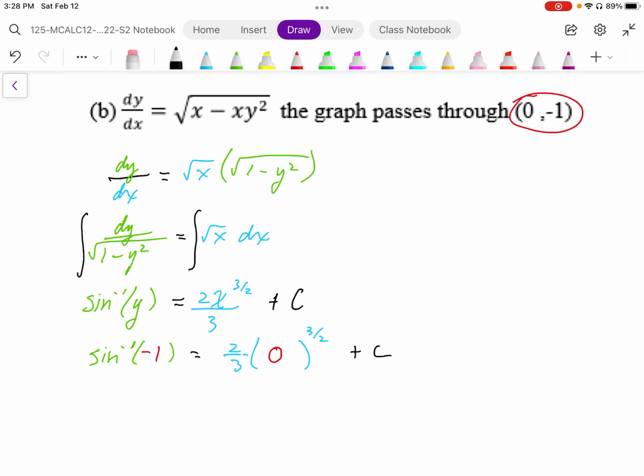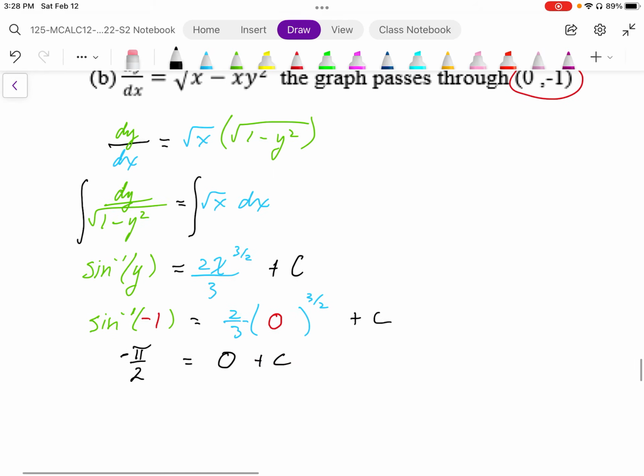So the arc sine of negative 1: sine is vertical, so it's at the bottom of the circle, so that's going to end up being negative pi over 2. 0 is just going to be 0 plus c, so the c works out to be minus pi over 2.